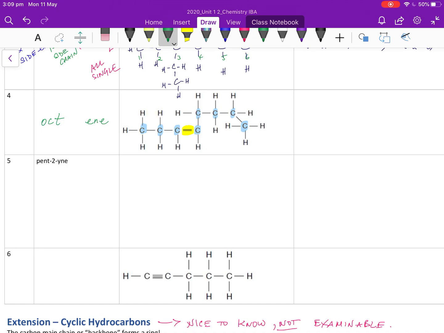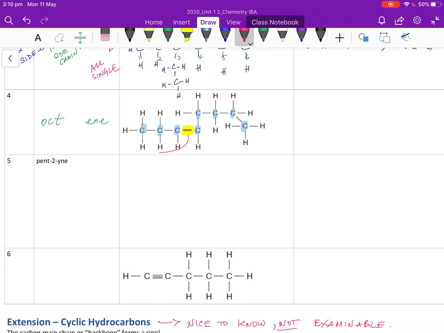So I need to also look at where this carbon-carbon double bond comes from. I need to give it the lowest number designation possible. In order for that to happen, I need to count the number of carbons from the double bond and see which is the shorter path to the end. So starting at the double bond, going left, I see I've got 3 carbons here. Starting at the double bond, going right, 1, 2, 3, 4, 5 in that direction.